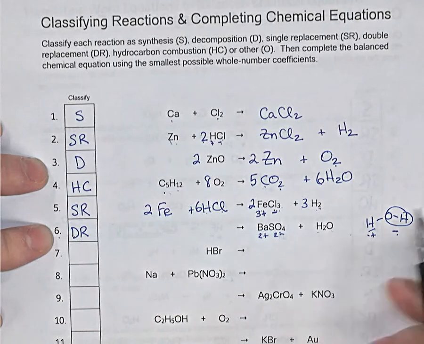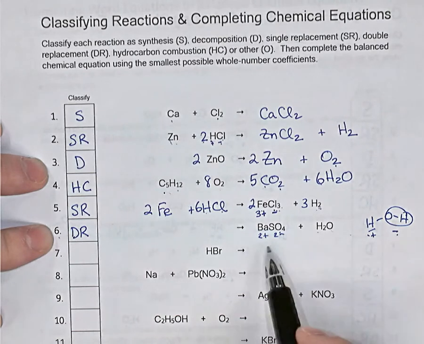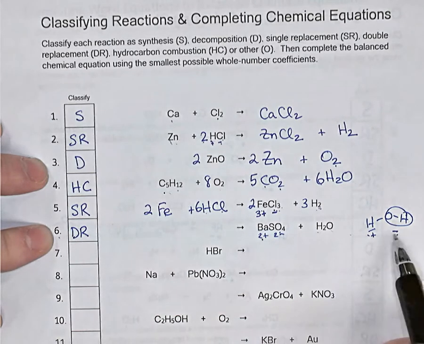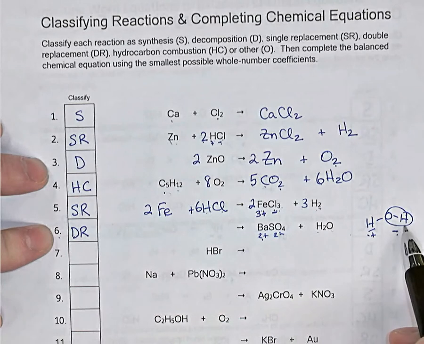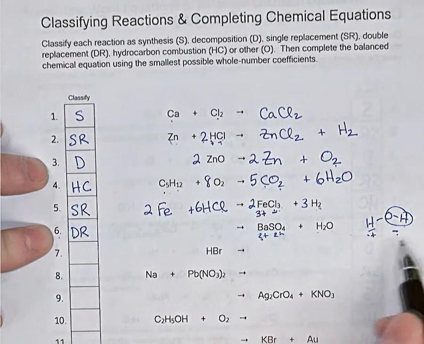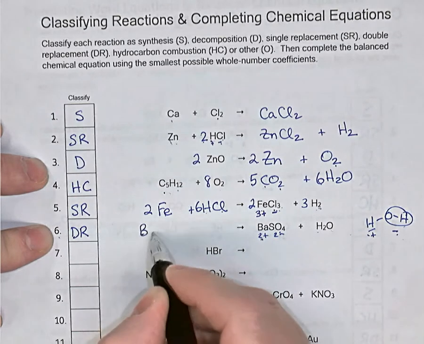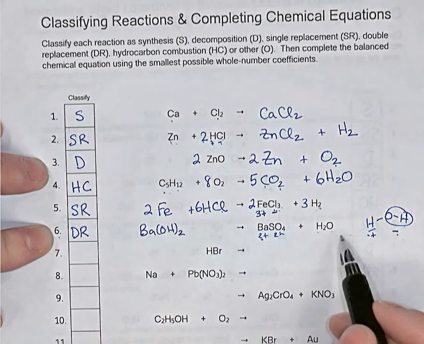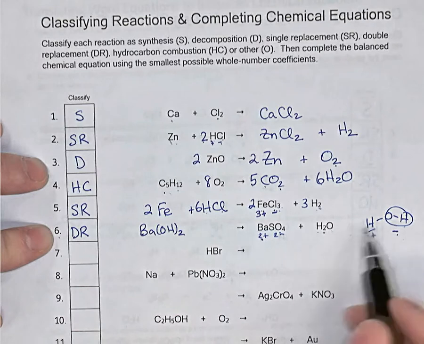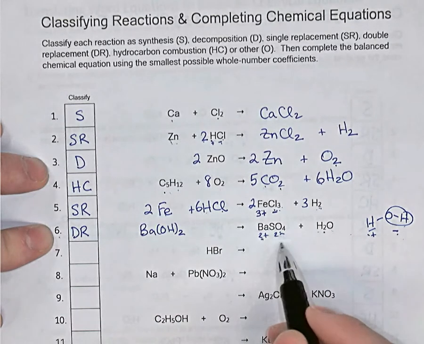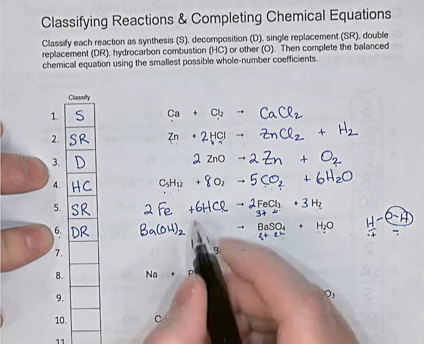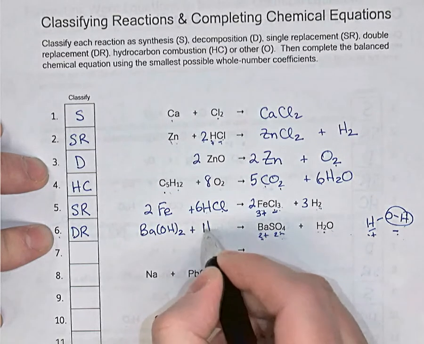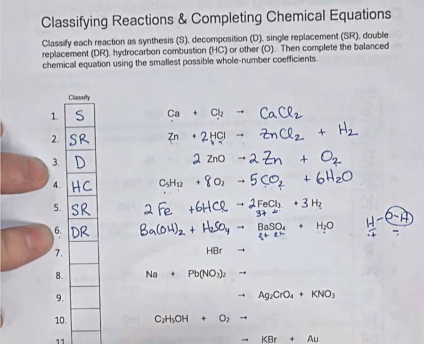So what would the original couples have been? Well, the barium positive would have been dancing with the hydroxide negative. 2 positive and negative means its formula was Ba(OH)2. And then the hydrogens positive were dancing with the negative sulfates. But sulfate was 2 negative, so H2SO4, that was sulfuric acid.